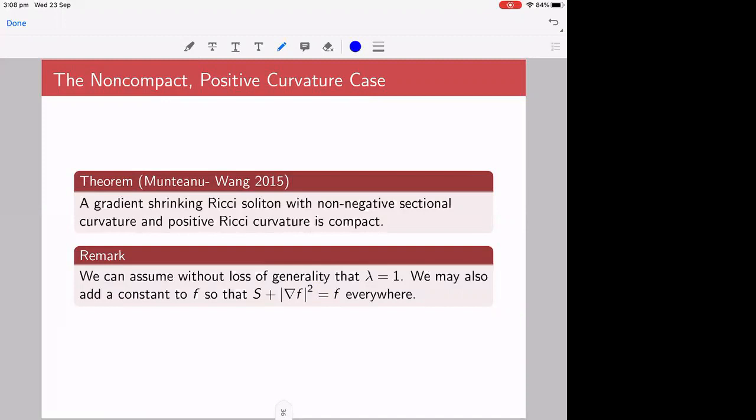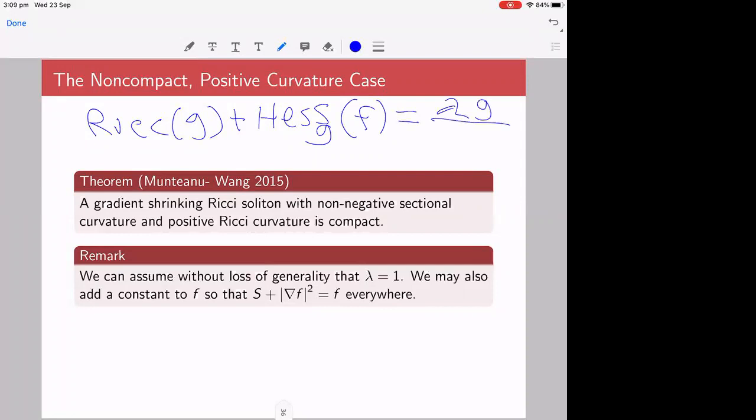Remember that the gradient shrinking Ricci soliton equation is the following: if you take the Ricci curvature and add it to the Hessian of some scalar function, the Hessian taken with respect to that same Riemannian metric, then you're supposed to get a scalar multiple of the Riemannian metric back. For shrinking solitons, we're going to insist that lambda is strictly positive.